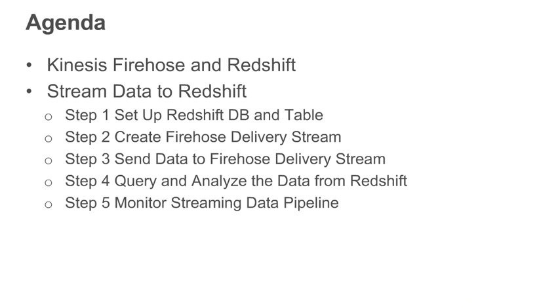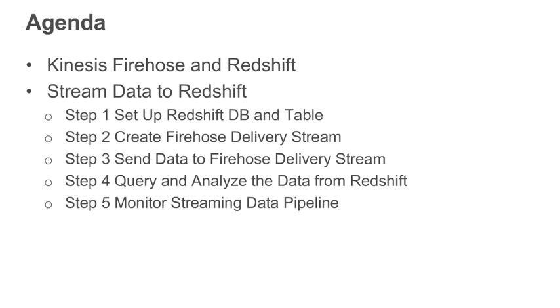To start this session, we'll spend probably 30 to 60 seconds giving a quick introduction to the Kinesis Firehose service and the Redshift service. Then the main part of this session, we're going to walk through the 5-step setup for a streaming data pipeline from Kinesis Firehose to Redshift, and then use a visualization tool to run a query and visualize the data from Redshift.